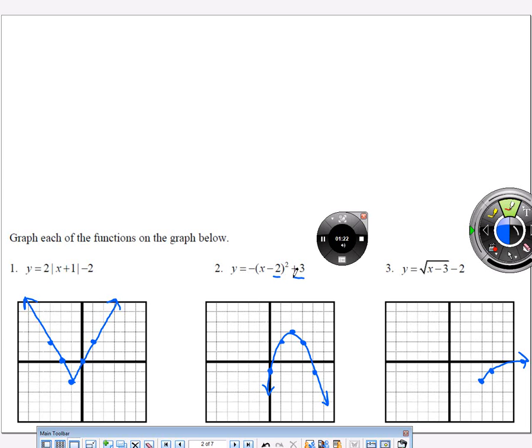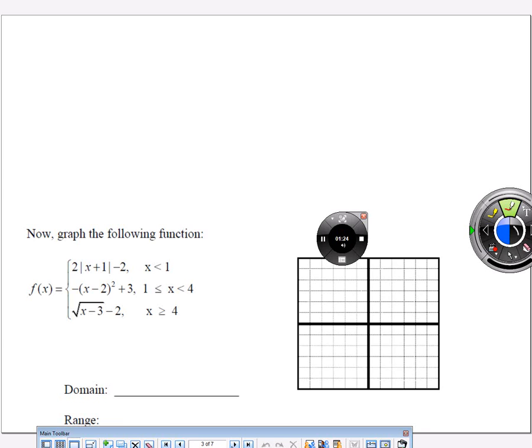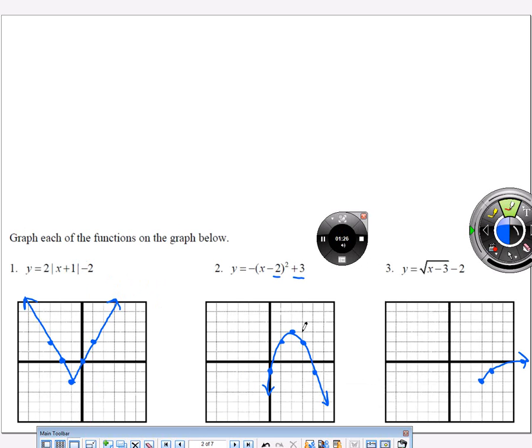So then I want you to look at what it says right below that on your handout. So it says in graph number 1, highlight the portion of the graph that is in the domain x is less than 1. So in a different color, really bold, or with a highlighter, you want to highlight the portion of this graph that is in the domain x is less than 1.